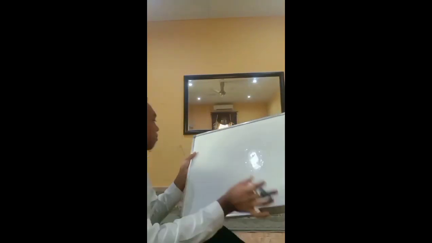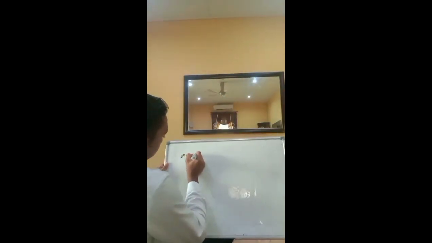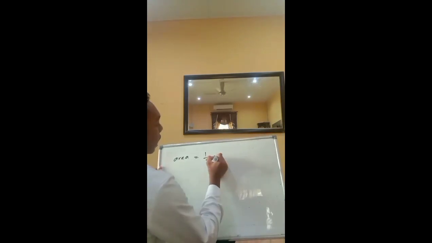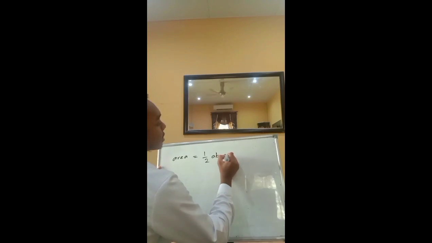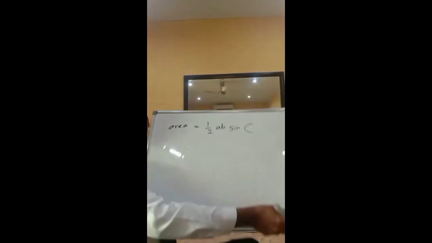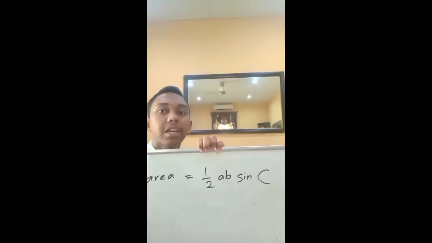Next formula, we call it the area of a triangle. For example, area equals 1/2 ab sine C. This is the formula for the area of a triangle.